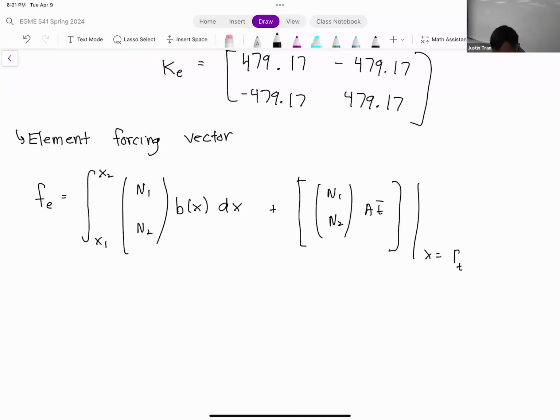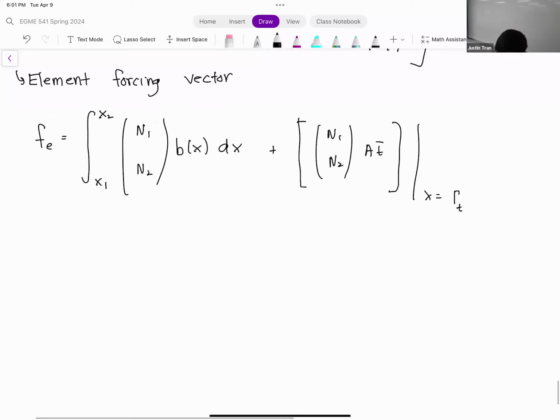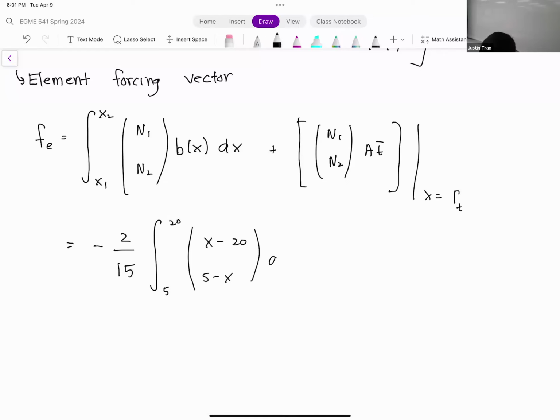Let's go ahead and just plug in everything here. So we know that N1 and N2, their expressions are going to be different because of our different nodes here. So this is going to be a minus 2 over 15 times the integral from 5 to 20 of the quantity x minus 20, 5 minus x dx, plus our Neumann boundary term.